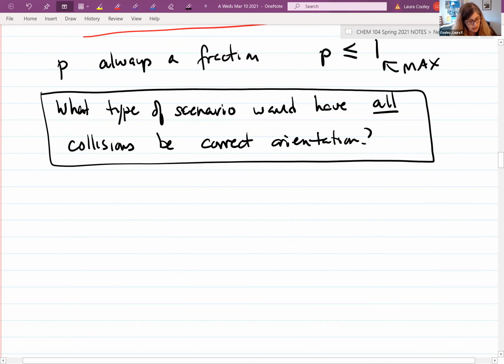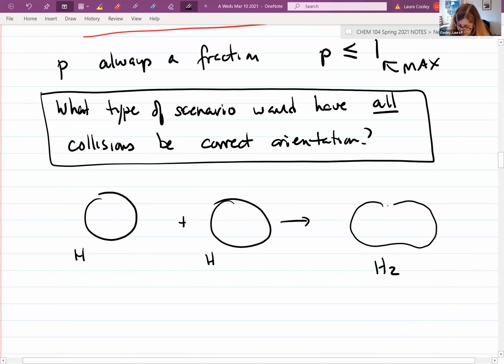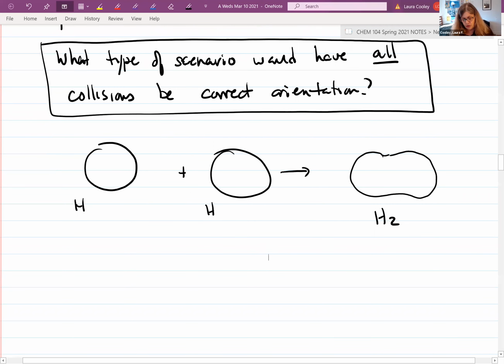So if you have 2 atoms, like let's say hydrogen plus another hydrogen, forming H2. I'm a terrible artist, but you know, it should be more symmetrical than that. There, all right. So you've got hydrogen and hydrogen forming H2. Does it matter how these two approach each other? If you rotate this atom around and you have the other side meet this atom over here, it's all the same, right?